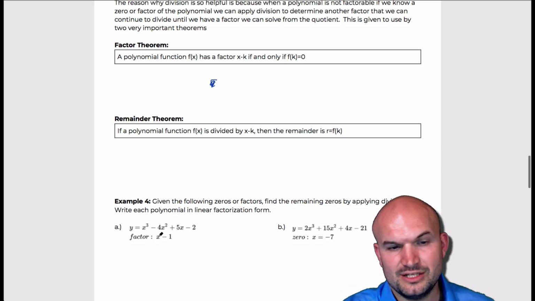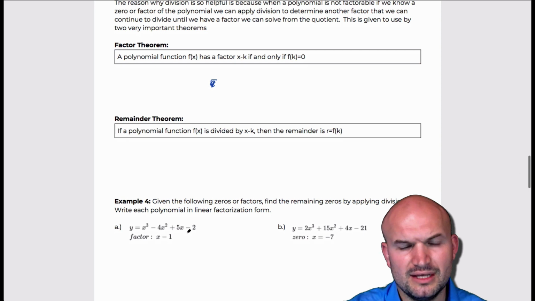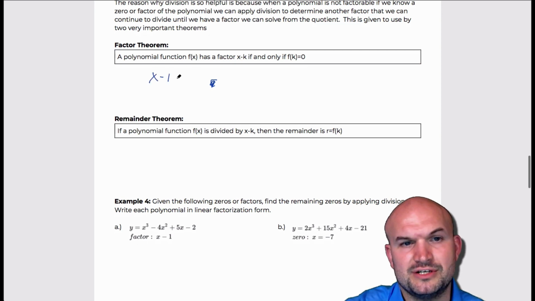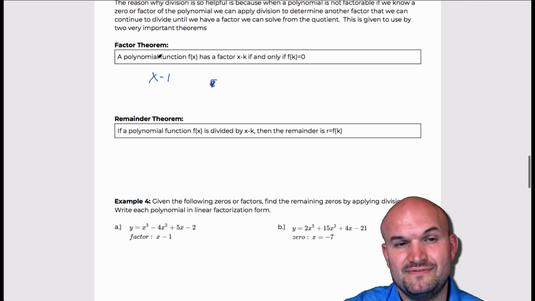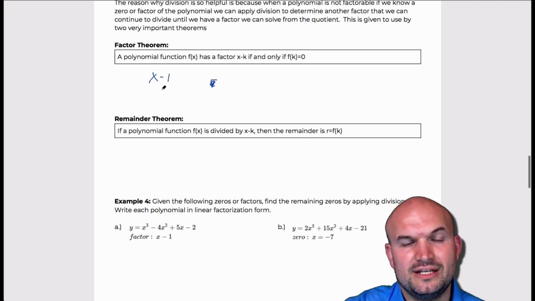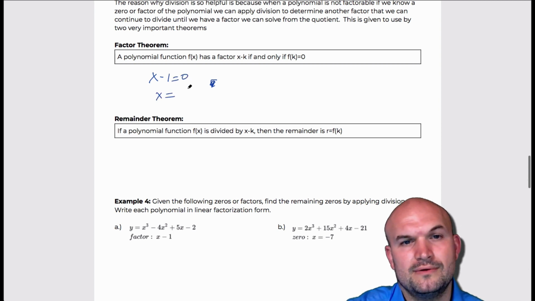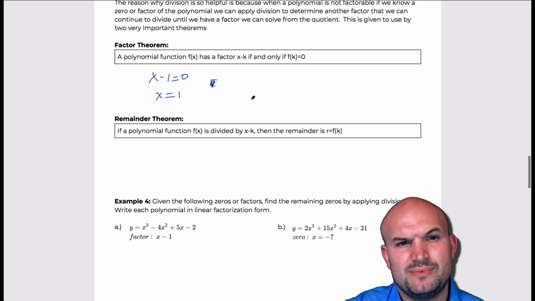We can check it, for instance, over here. Let's just check it in this example. If x minus 1 is my factor, and I want to test to see if this is a factor, then all I need to do is find the 0. So you set it equal to 0, and therefore x equals 1. I'm doing it for this polynomial, by the way.